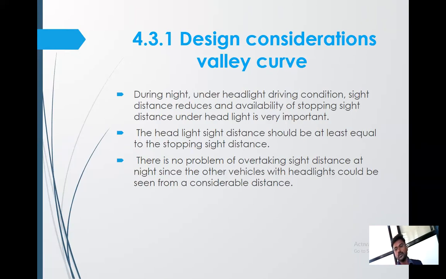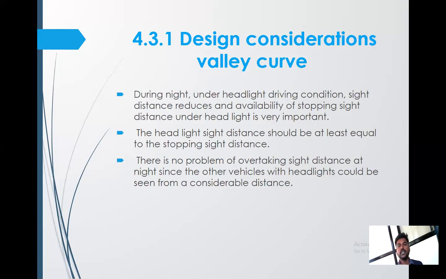There is no problem of the overtaking sight distance at night. The other vehicle with its headlights could be seen from a considerable distance. There is no problem regarding the OSD because, if I have to overtake another vehicle, I will see the vehicle coming from the other lane because of its headlights.